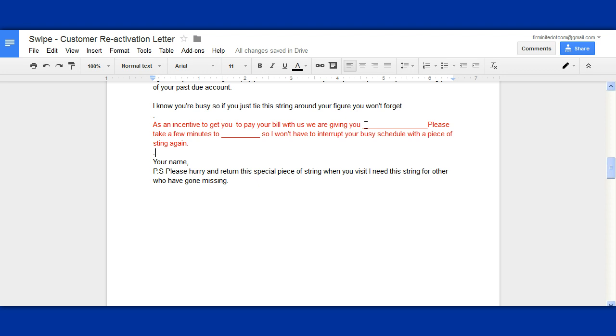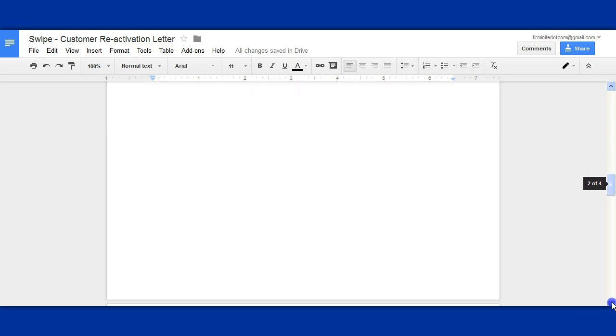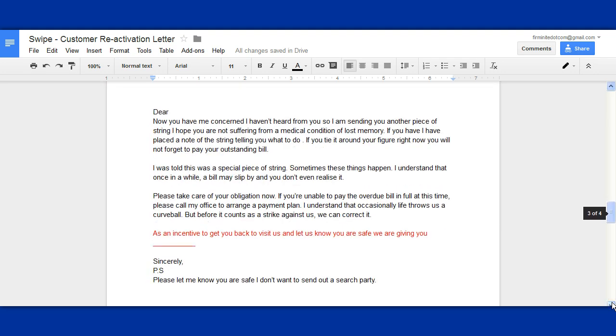Okay, so let's now go down to sales letter number 2. If you send out the first letter and nothing happens, you wait 15 days and send out the second letter, which should be received 15 days after they receive the first letter. Dear so-and-so, you need to put their name in there again. You have me concerned.